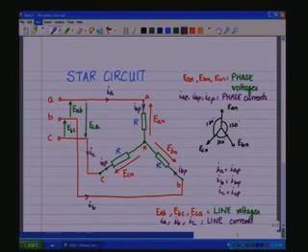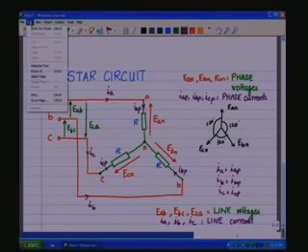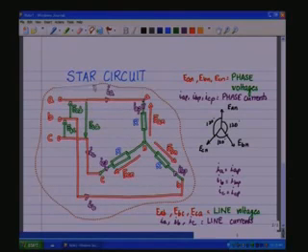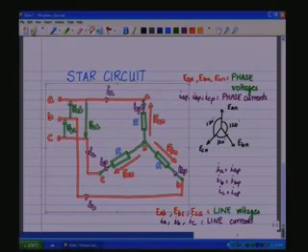So, now let us bring about a relationship between these various voltages and currents. So, for that let us have a copy of this circuit, so that we need not repeat draw.